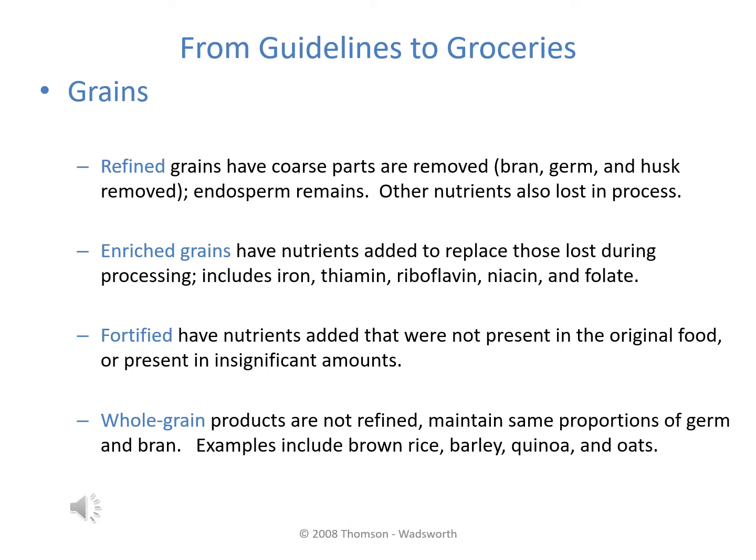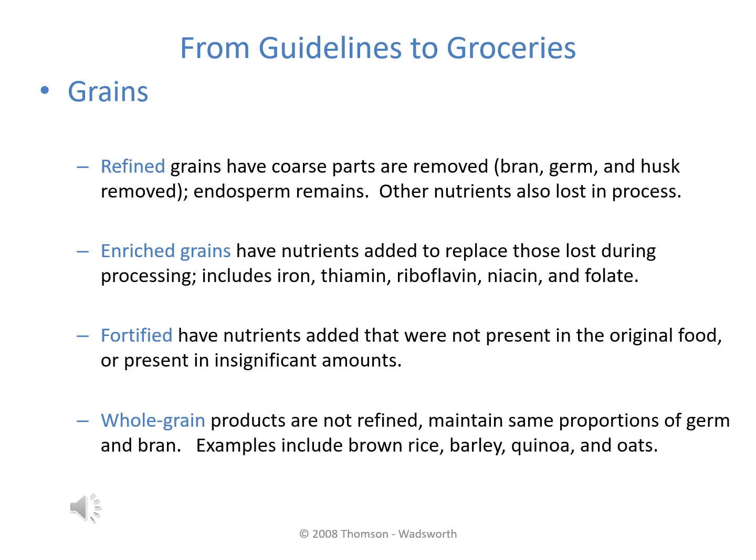Probably the best example when we're talking about fortified grains is dry cereal. Dry cereal is often made from refined grains with large doses of various vitamins and minerals added to them. But since they're coming from a refined grain, they are not including that beneficial bran or germ.